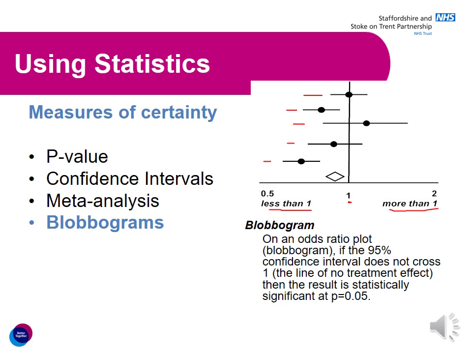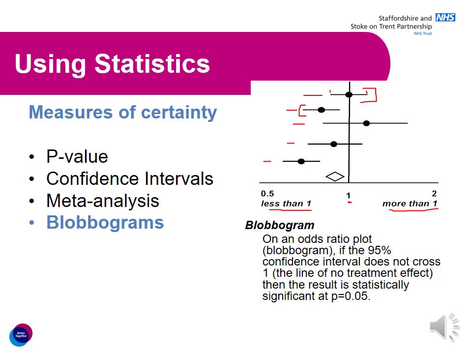So we can see here that for this first study at the top, the result was 1, or very close to 1, and the confidence interval spanned all the way across. So someone might be disappointed by the result of that study because it's showing really no difference from using a mobile phone to not. Now this study over here was a little bit different.